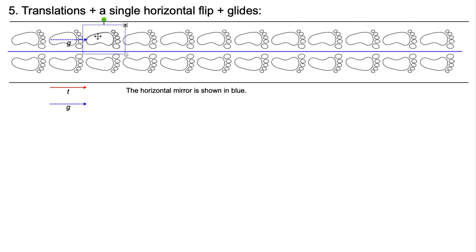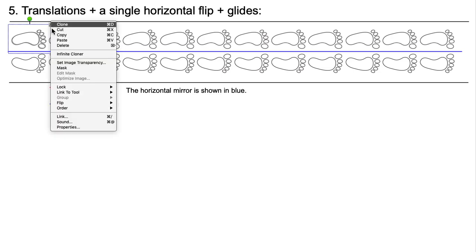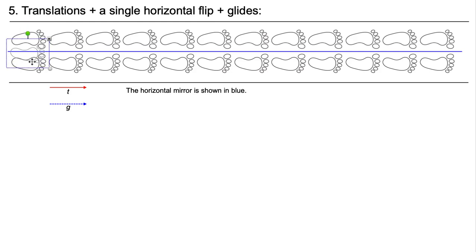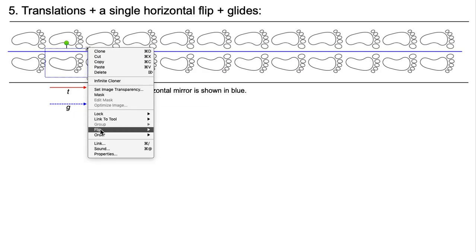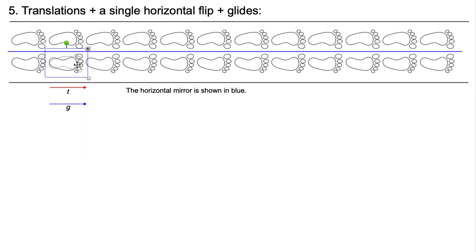If I think about doing two glides, the first glide is, of course, going to take the left footprint into the next right footprint. The second glide is going to take that right footprint into the next left footprint.